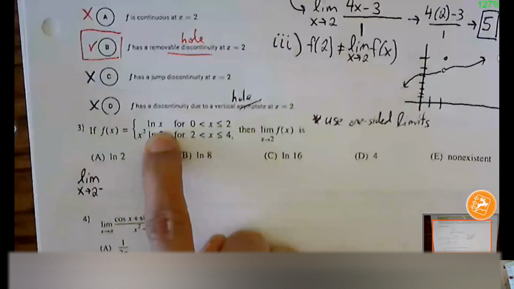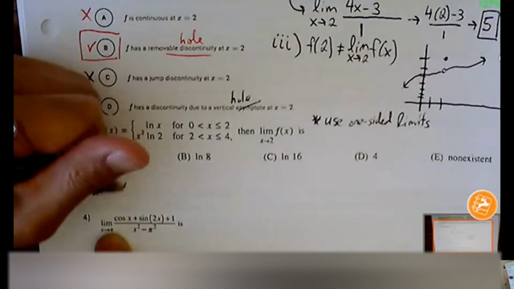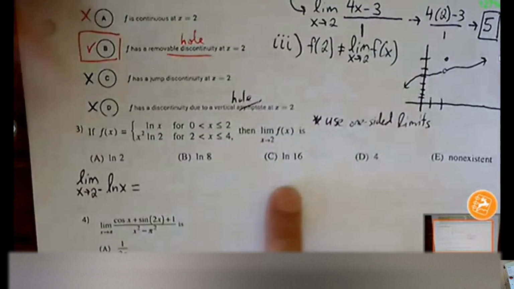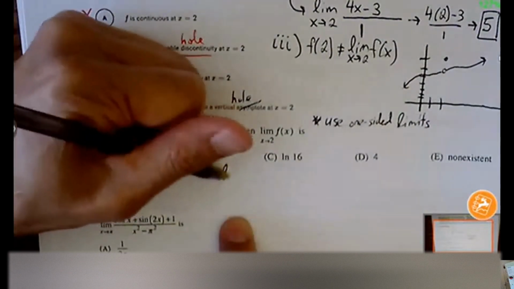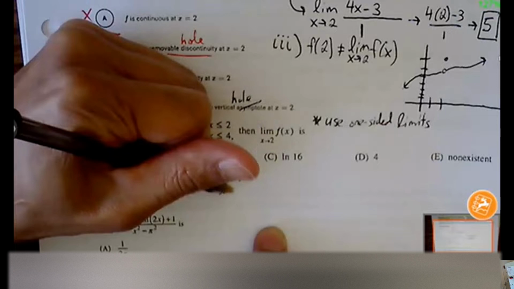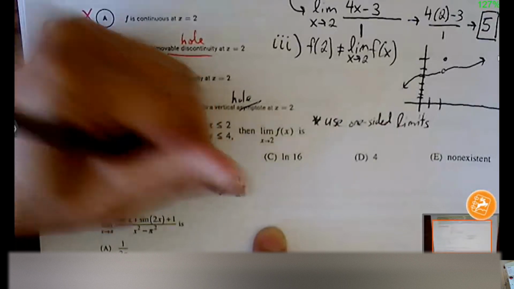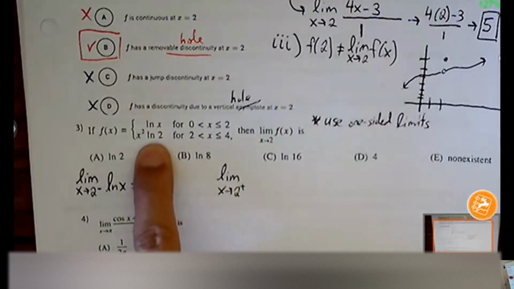From the left side of 2, we know that's referring to the natural log of x. From the right side of 2, we're dealing with that x squared natural log of 2.